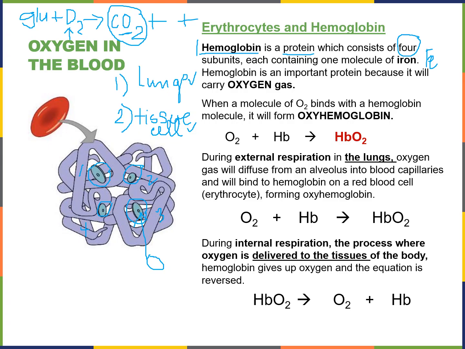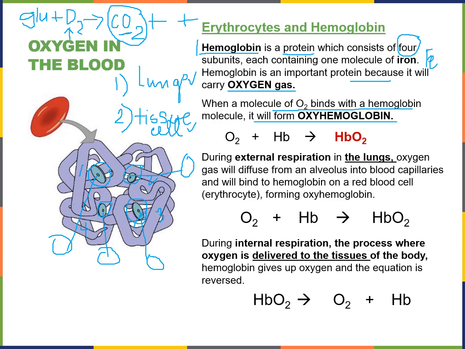So hemoglobin is an important protein because it will carry oxygen gas. So when a molecule of oxygen binds with hemoglobin, a new compound is formed. It's called oxyhemoglobin. So each of these iron atoms will have oxygen bound to it.